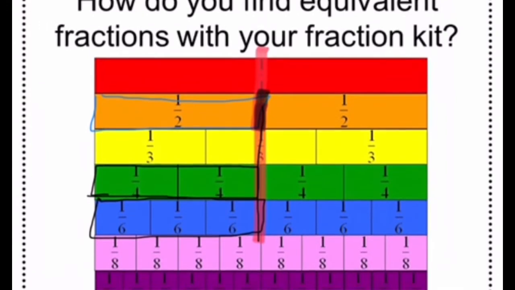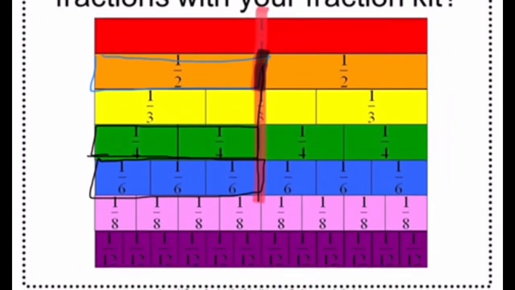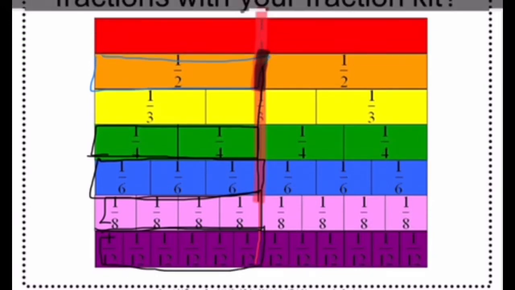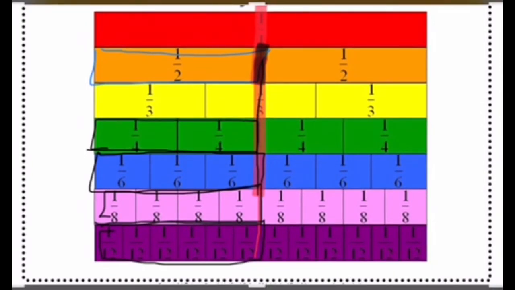And if I zoom out, I can continue that red line down a little bit, and we see that we end up with 4/8 are equivalent to 1/2, and if we count all these twelfths right here, there are 6 of those. So 6/12 equals 1/2.